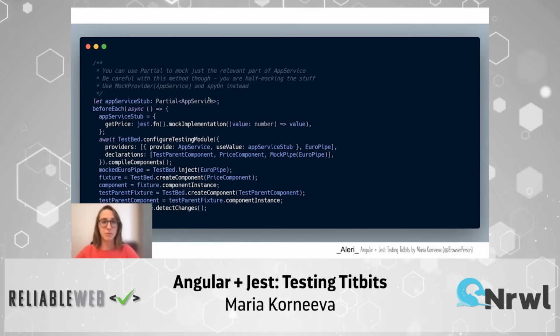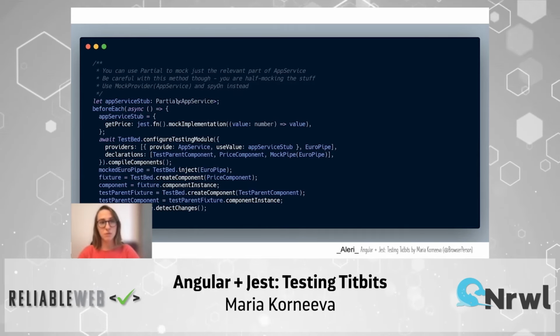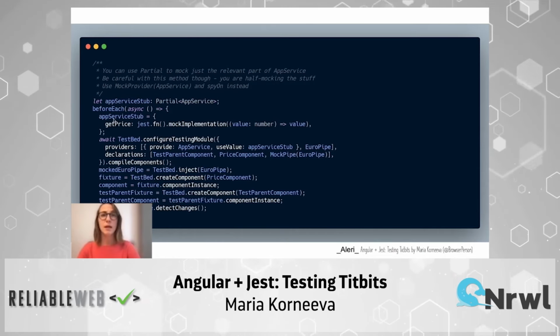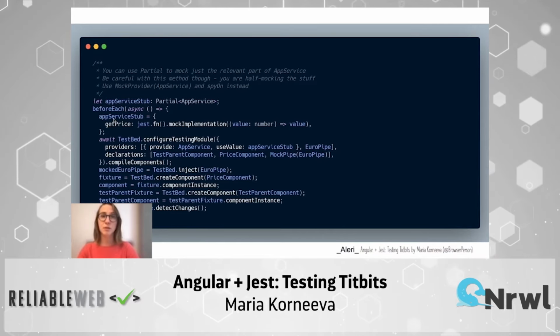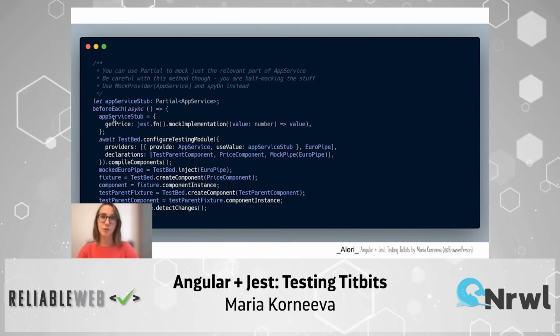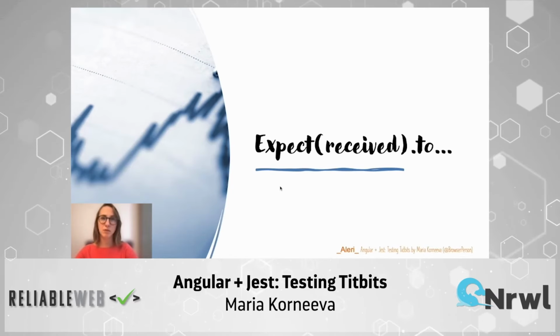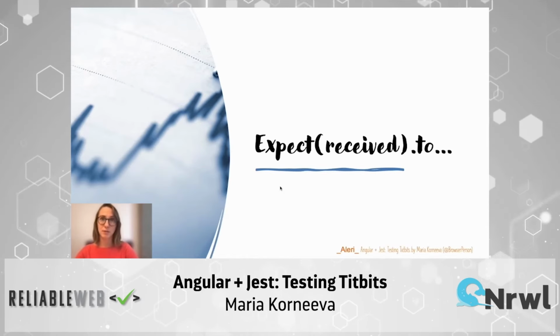In this particular implementation, you take just a partial of your service which is relevant for your component and mock just some of those methods. However, this is not a solution that I'd like to recommend because you're distorting the reality for the sake of control.